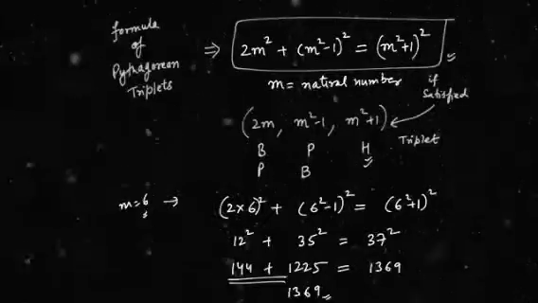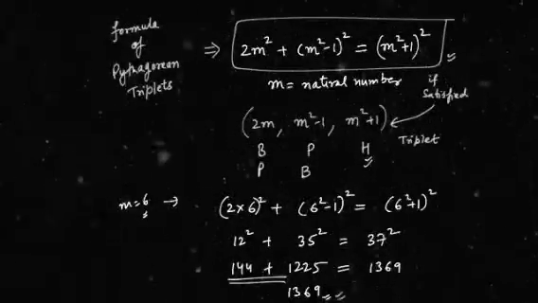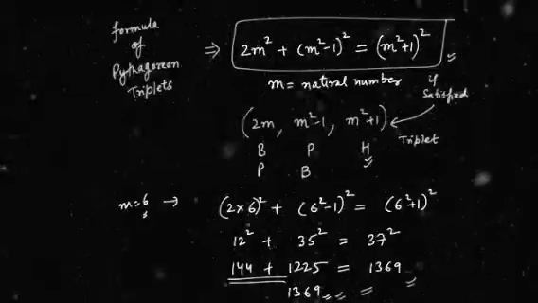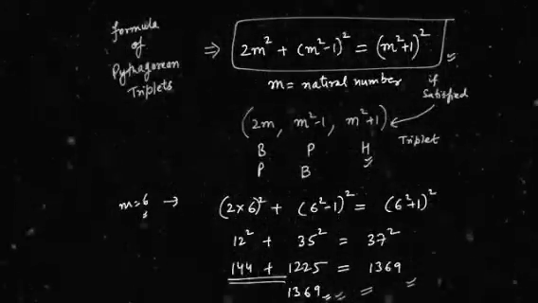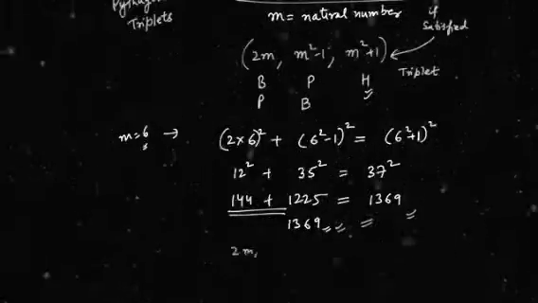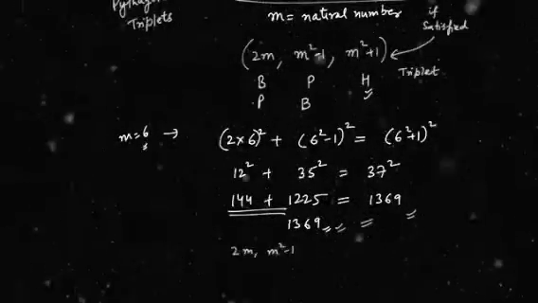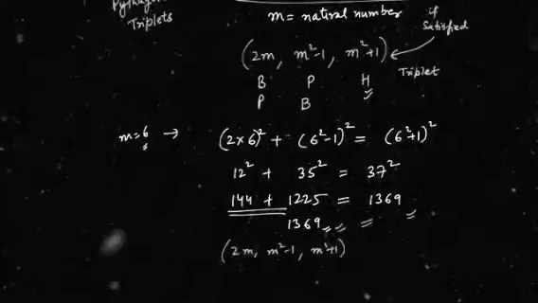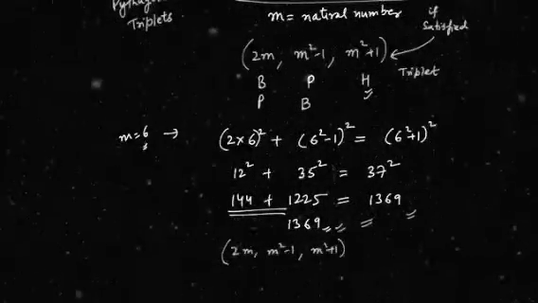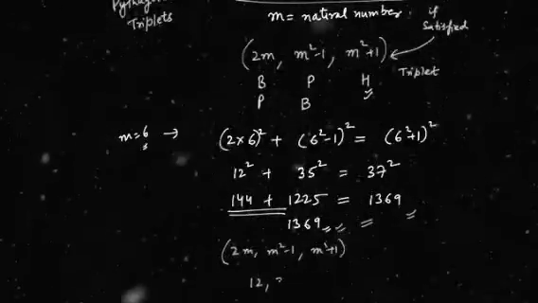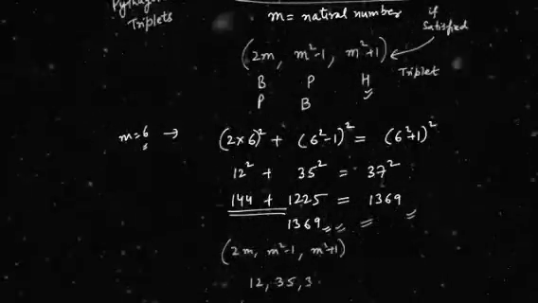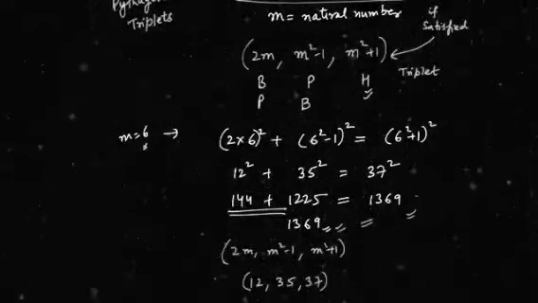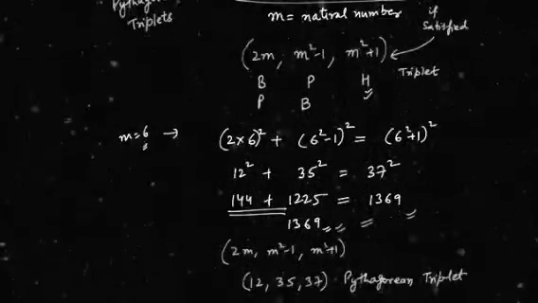Also, we already discussed that if the left hand side is equal to the right hand side, then the numbers that we have, 2m, m square minus 1, m square plus 1, can form Pythagorean triplets. So the numbers are 12, 35 and 37. So this set of numbers can form a Pythagorean triplet.